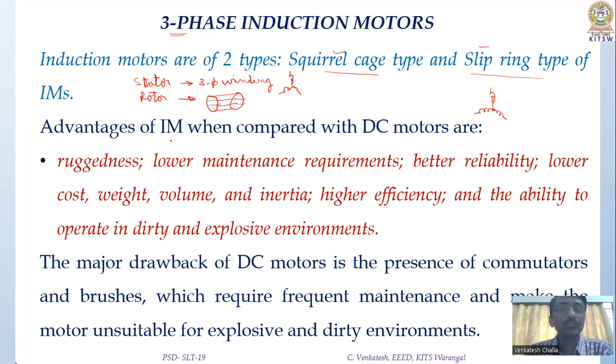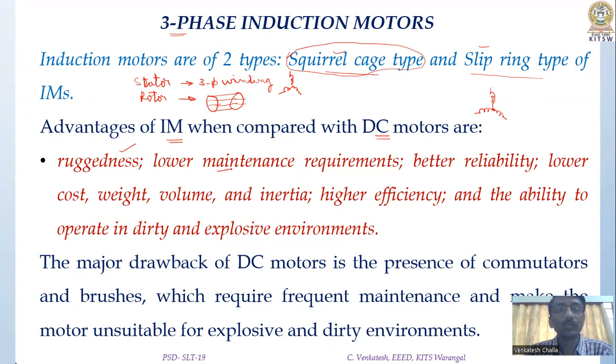The advantages of induction motors, why they have to be used for real-time applications, is because as compared to DC motors, induction motors are very rigid. Particularly, these advantages can be listed for the squirrel cage type of induction motor. As we have a very rigid construction of rotor, the motor can be transported from one place to the other.